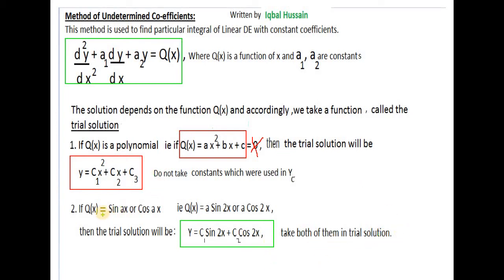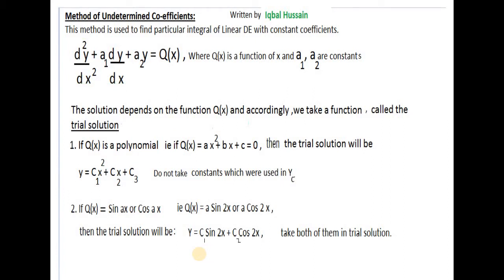Whenever we have a function q in the variable x having either sine or cos or both, we must take both the functions in the corresponding trial solution. So we must remember this point about the sinusoidal function. If we have either sine or cos or both, then in the trial solution we will take both of them.